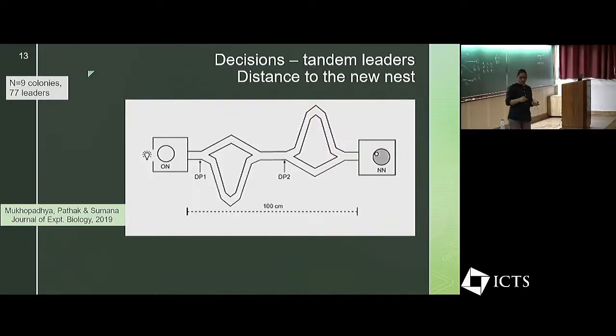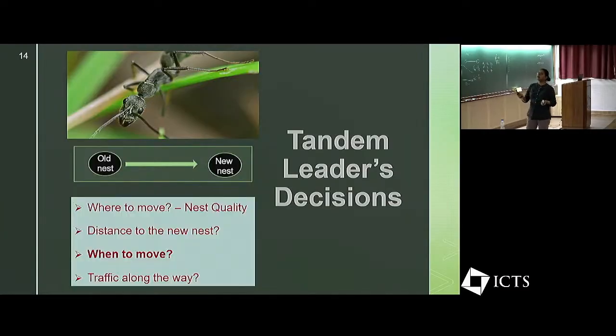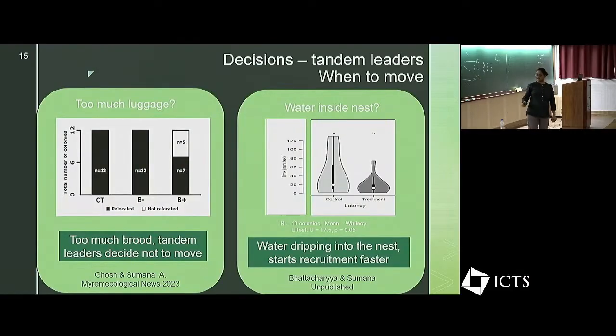Okay, so moving on, will tandem leaders require to understand when to move, how fast to get out of the place that they are staying? All right, so along these lines, there are several experiments we have done, but I would like to present only 2 of them in this case, and that is, if they have too much luggage, then tandem leaders decide not to relocate.